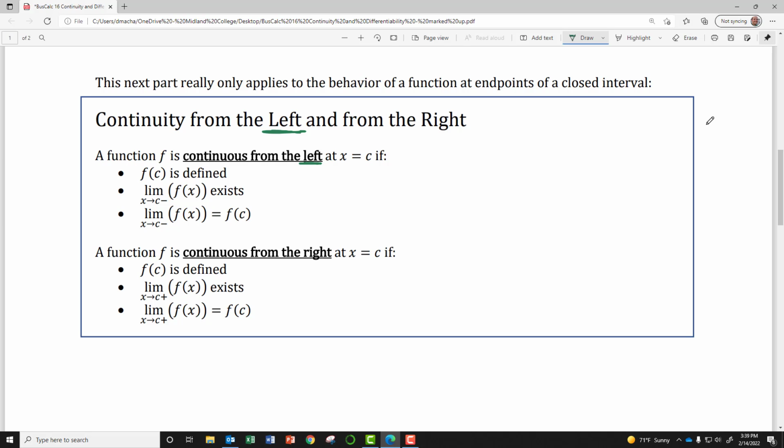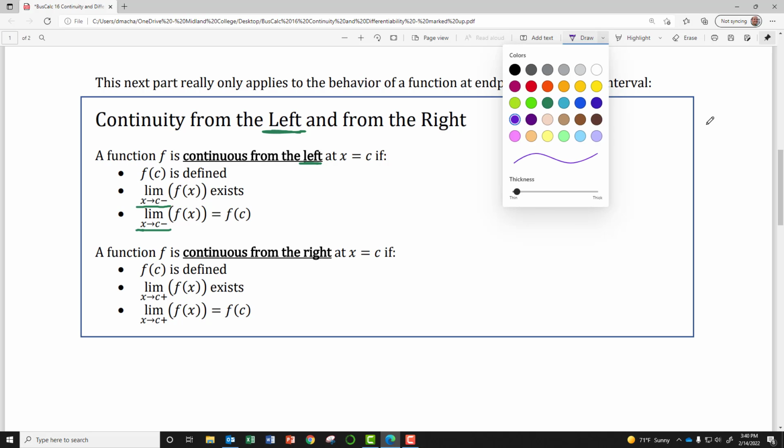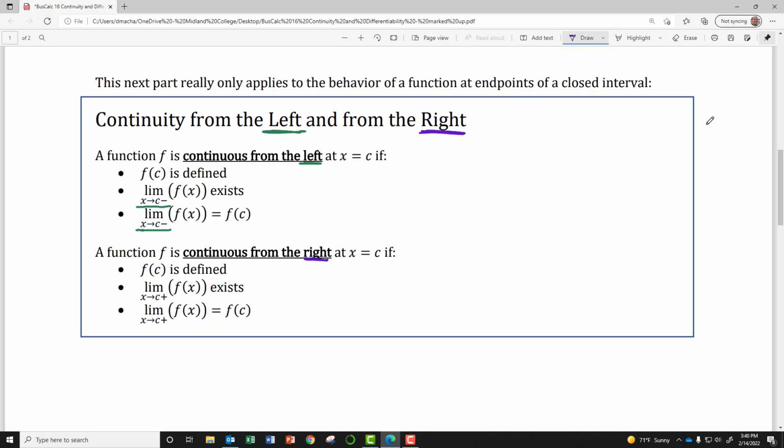Notice where I have x approaches c with that minus sign, that tells me to take the left-sided limit, so I don't care about the two-sided limit anymore. Likewise, for continuity from the right, I care about the limit as x approaches c from the right side. This one-sided continuity is a little easier to attain than two-sided continuity, so the requirements are relaxed. This is why we care about it as it applies to endpoints along a closed interval.